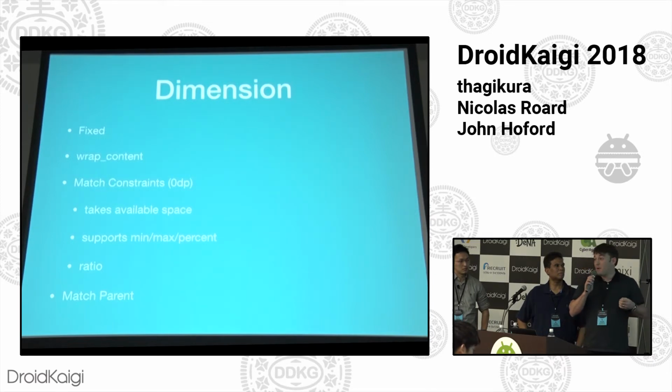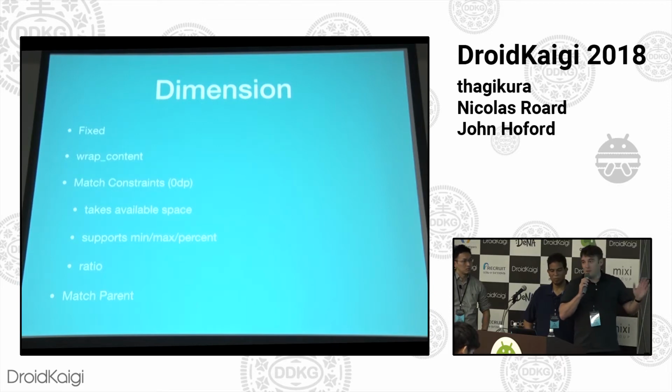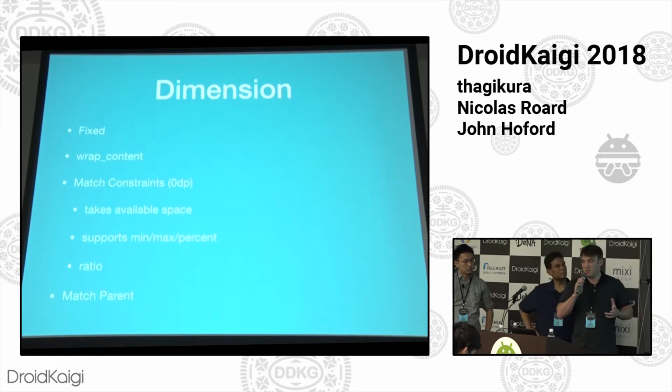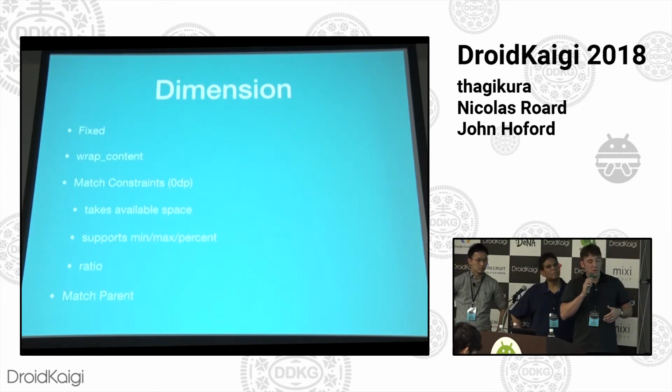We have this concept of match constraint, and here that's a little bit different. Although if you played with weights in LinearLayout, that's somewhat similar. So essentially here it's like, hey, I don't know the size. Let the system give me a size. And you can do a lot of interesting stuff with this approach, like supporting ratio and etc. And finally, we do support match parent. We don't like it too much because it's somewhat less expressive. But if you stick match parent, it still works.